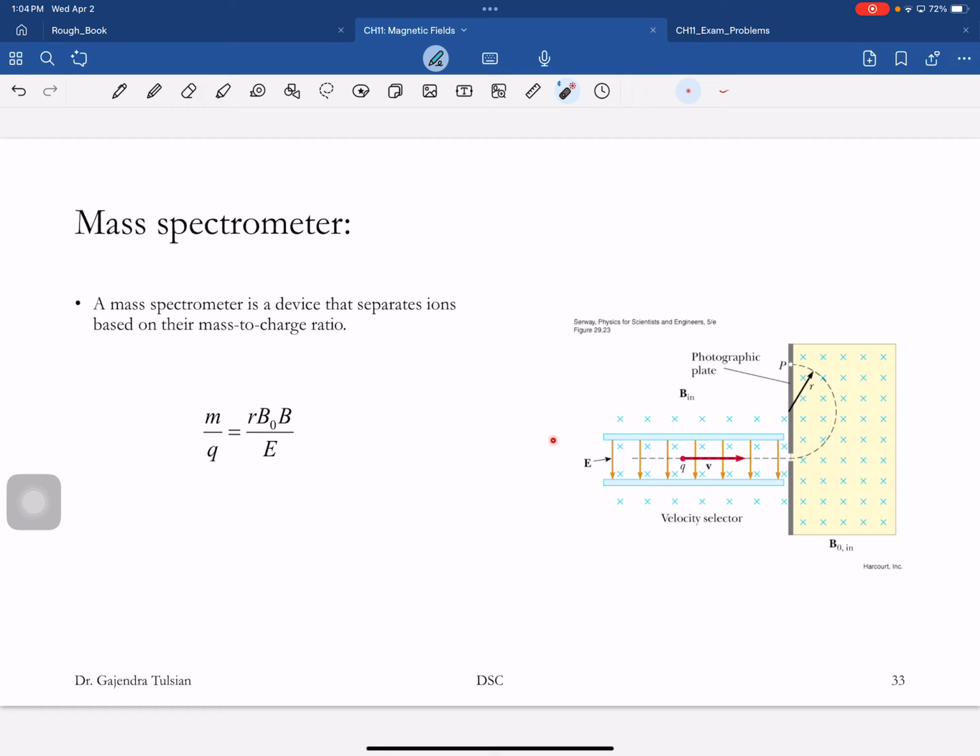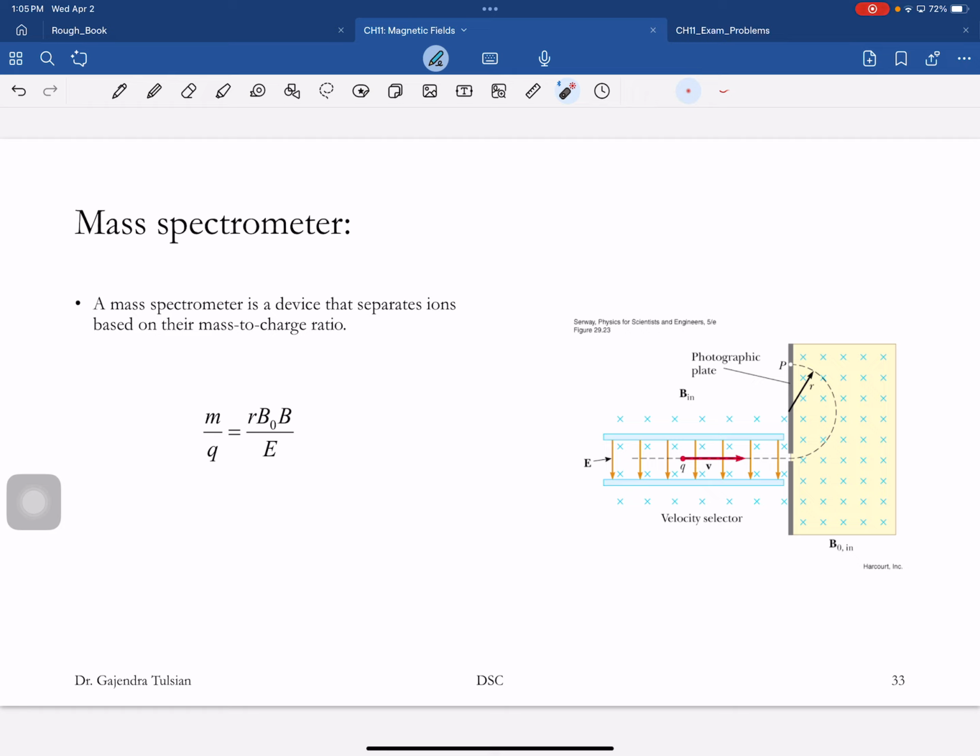What you do is you heat the atom, you ionize it, and then pass it through a velocity selector. So let's say you have a sodium ion. You pass it through this, and now you know the velocity of the sodium ion. Now you pass it through this magnetic field, and the magnetic field will bend the sodium ion, or whatever ion it is.